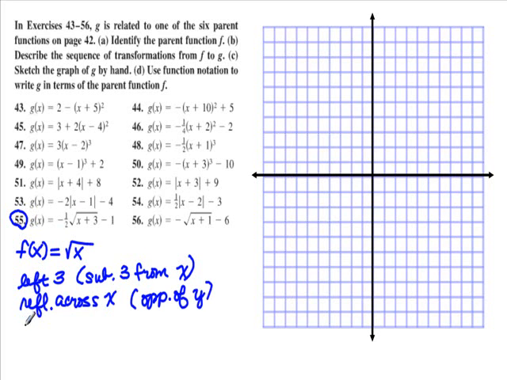And then the 1/2 is going to be a vertical shrink or compression. It's going to multiply the y values by 1/2. And then lastly, the -1 is going to shift the graph down 1 unit.